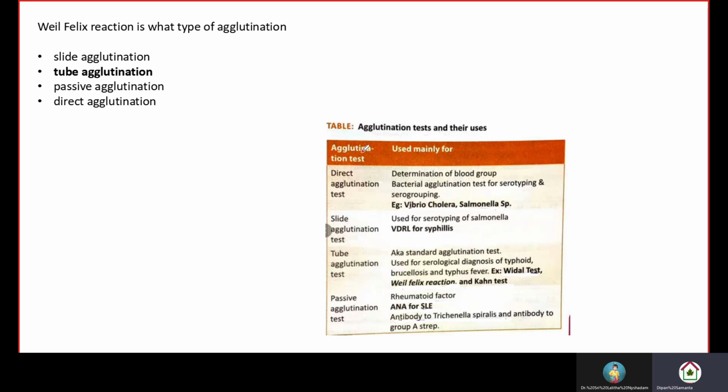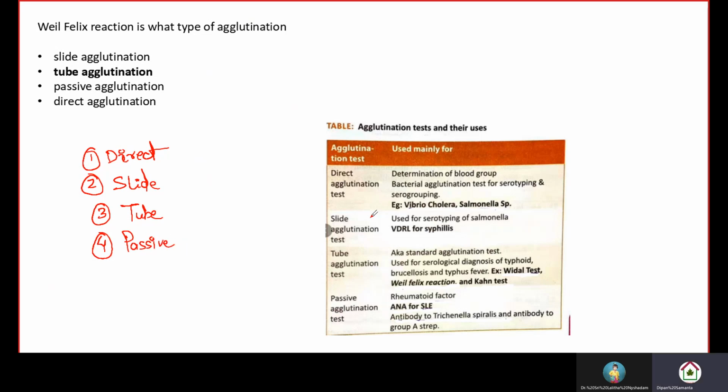So there are many types of agglutination reactions, and we will see each one of these and their usage. First of all, direct agglutination test. Number 2, slide agglutination test. Number 3, tube agglutination test. Number 4, passive agglutination test.